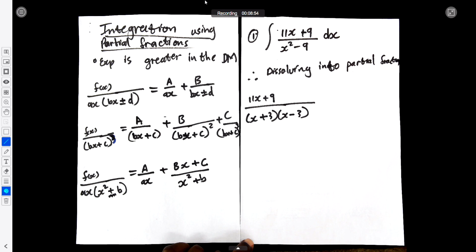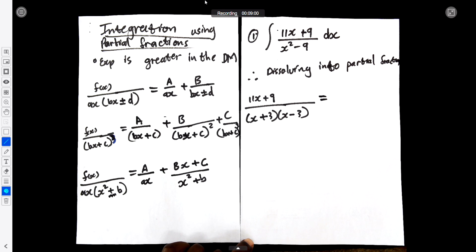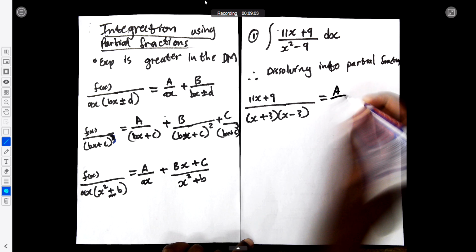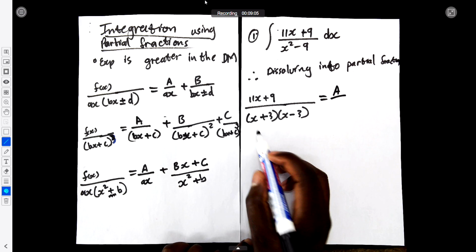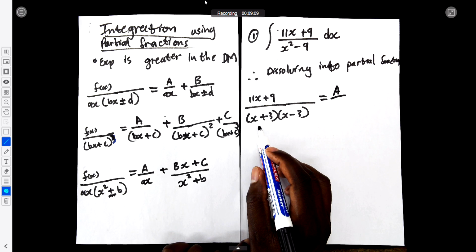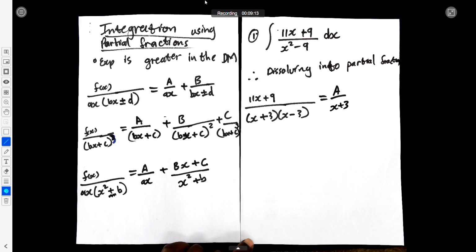Now, the second part, we have to dissolve into partial fractions. So we'll state that this is equal to: the first fraction will be A divided by the first factor, which is x + 3.